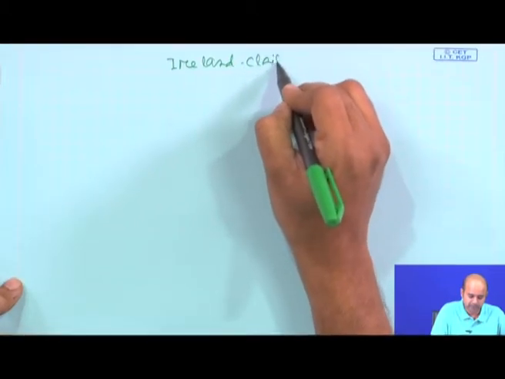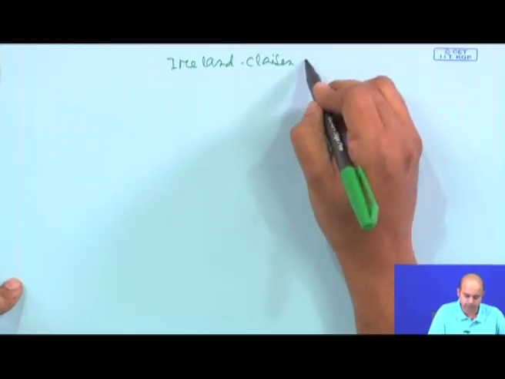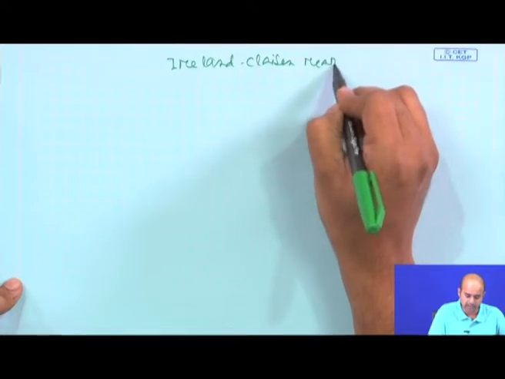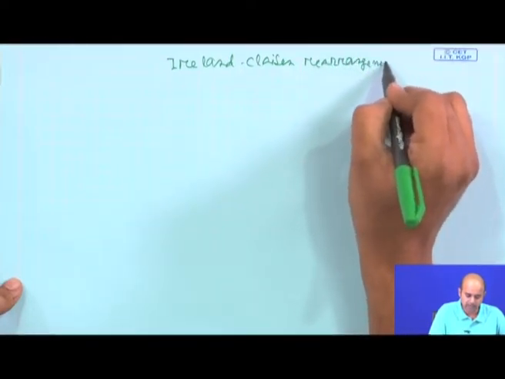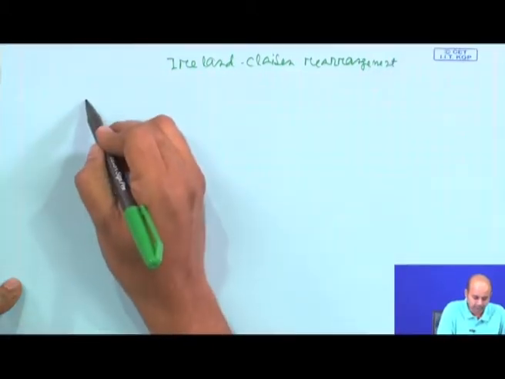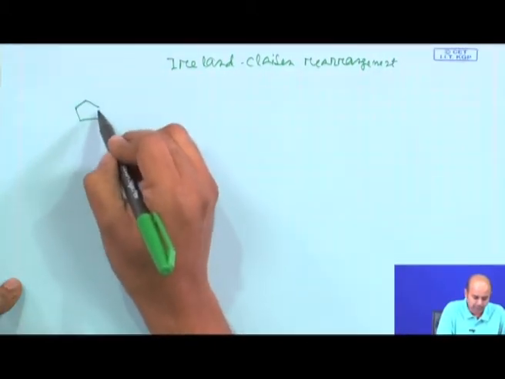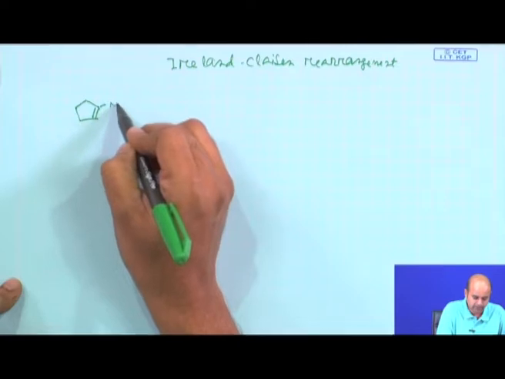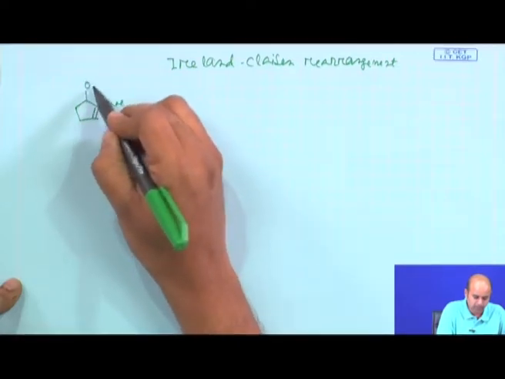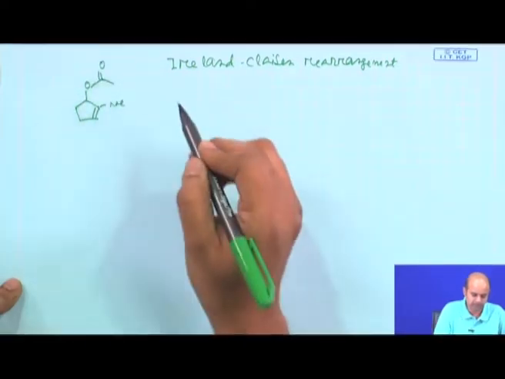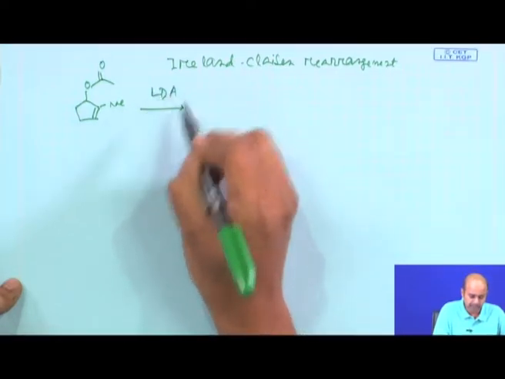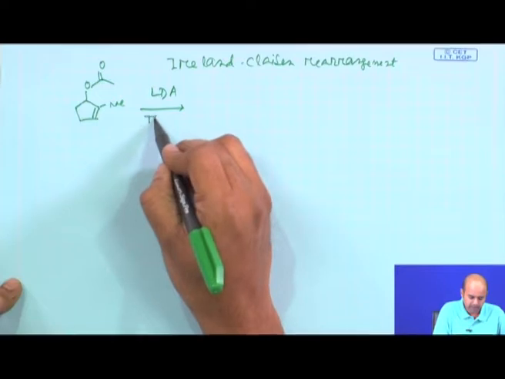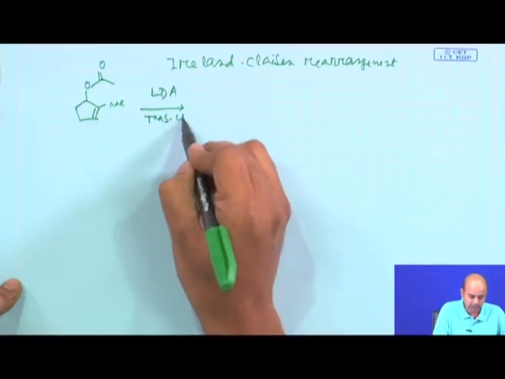It is a similar variation of the Johnson orthoester rearrangement, named the Ireland Claisen rearrangement. Now, what exactly is this transformation? You have this O-CO-CH3. You treat it with a base, LDA, and add trimethylsilyl chloride.